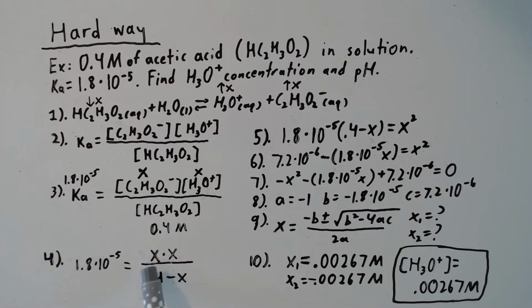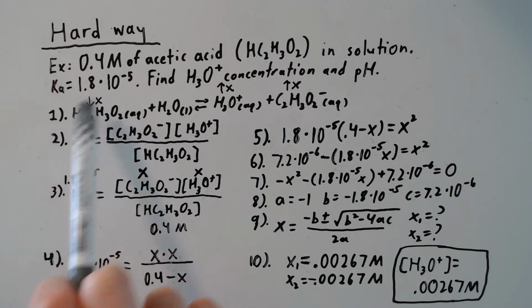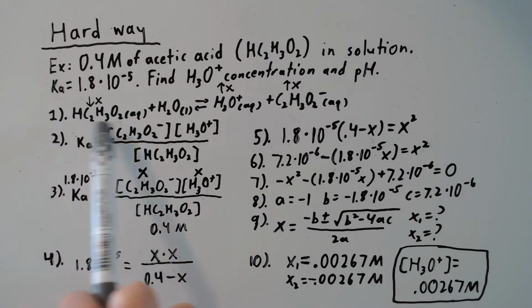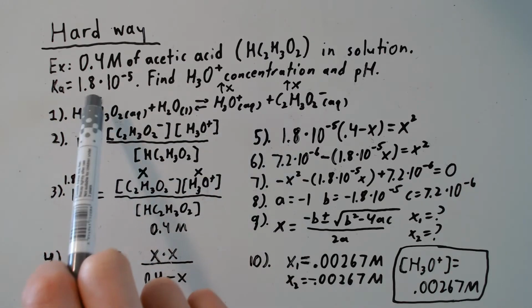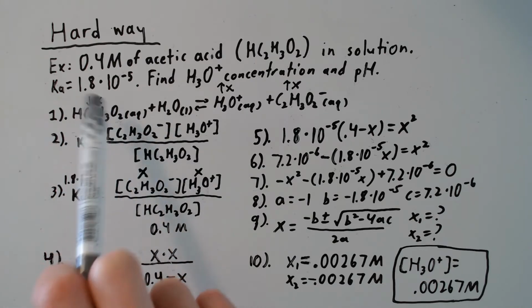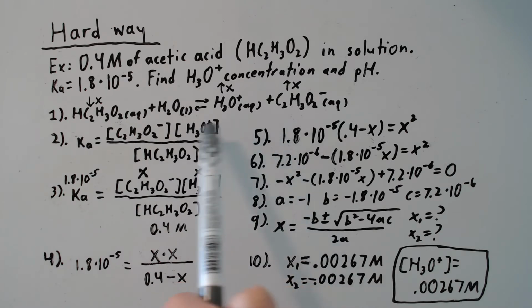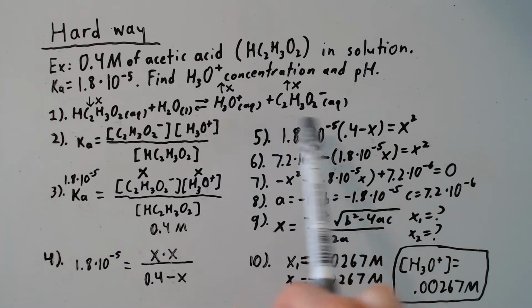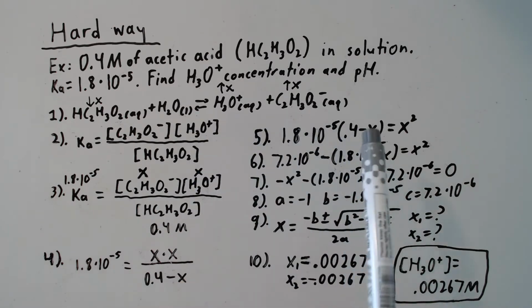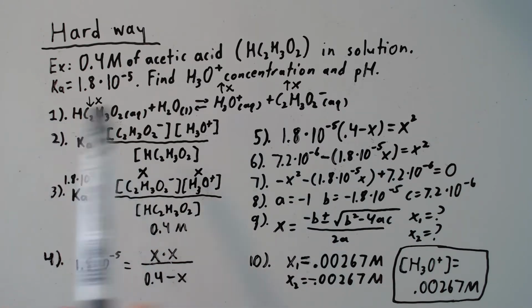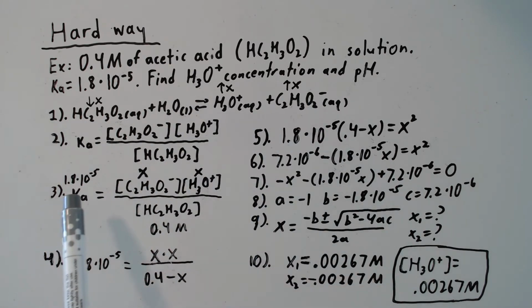So why do we write X and X here? Why is it the same thing for both of these? Well, when an X amount of this acid reacts, an X amount of H3O+ and an X amount of C2H3O2- is produced, because these are in a 1-to-1 ratio.